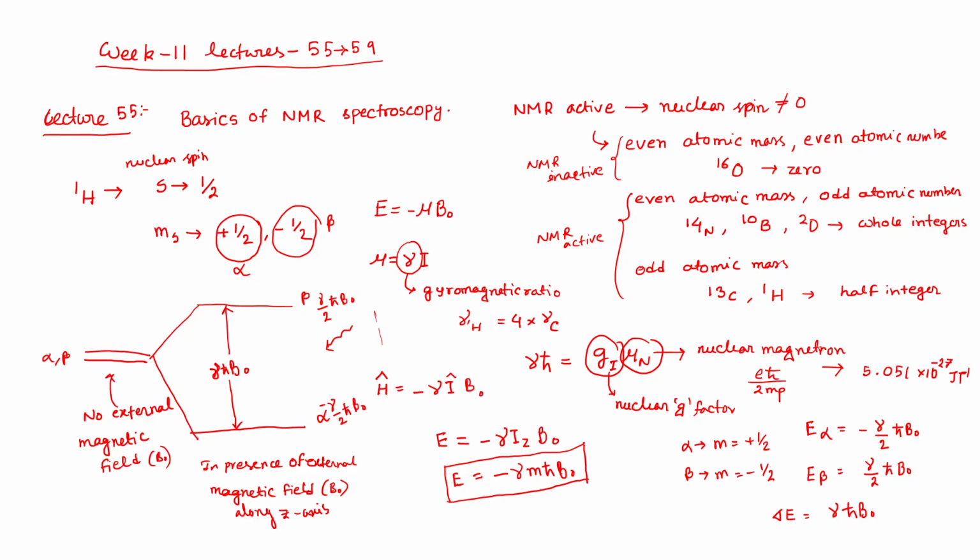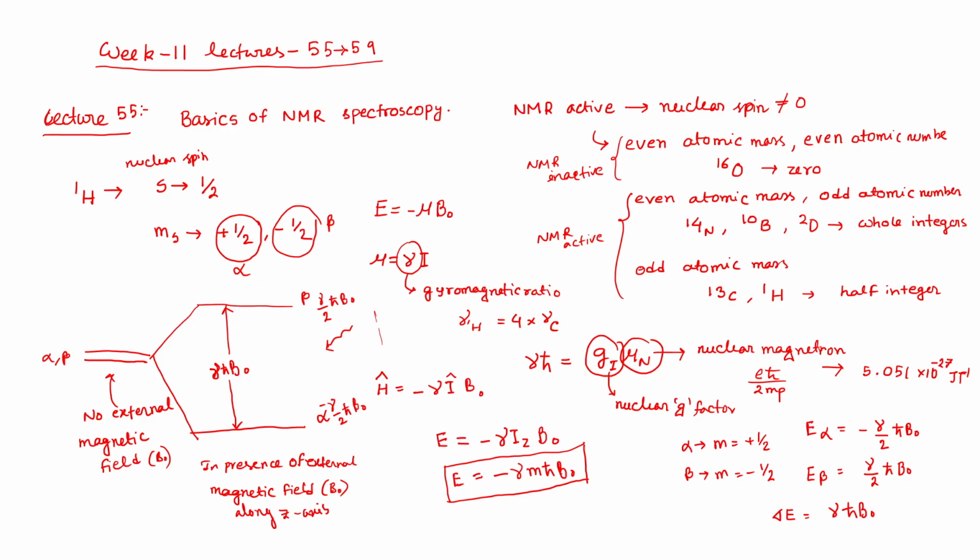Nuclei like 14N and 10B have even atomic mass but odd atomic number, so they have integral nuclear spin, whereas odd atomic mass nuclei like 13C or proton 1H are the two most used NMR techniques, as you already know.